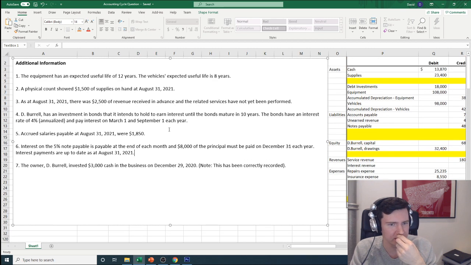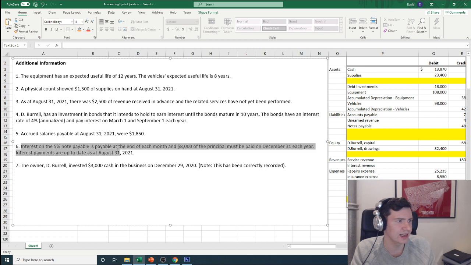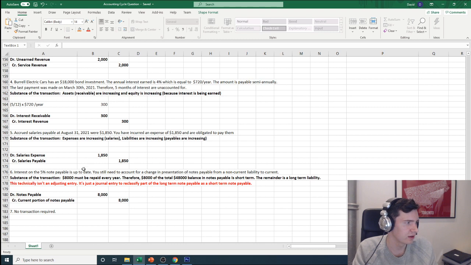It kind of throws you off. So this one is, we're actually reclassifying the amount as a long-term payable to the current portion of the principal that has to be repaid.